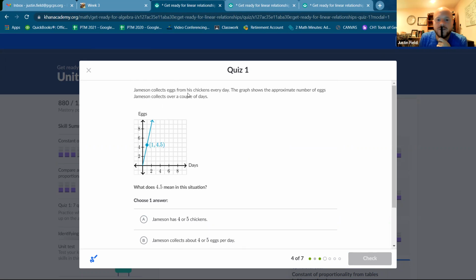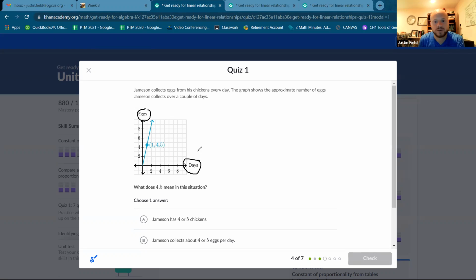Jameson collects eggs for his chickens every day. The graph shows the approximate number of eggs Jameson collects over a couple of days. Okay, what does 4.5 mean in this situation? All right, so when we have a graph, look at the labels. Those labels tell you the variables.